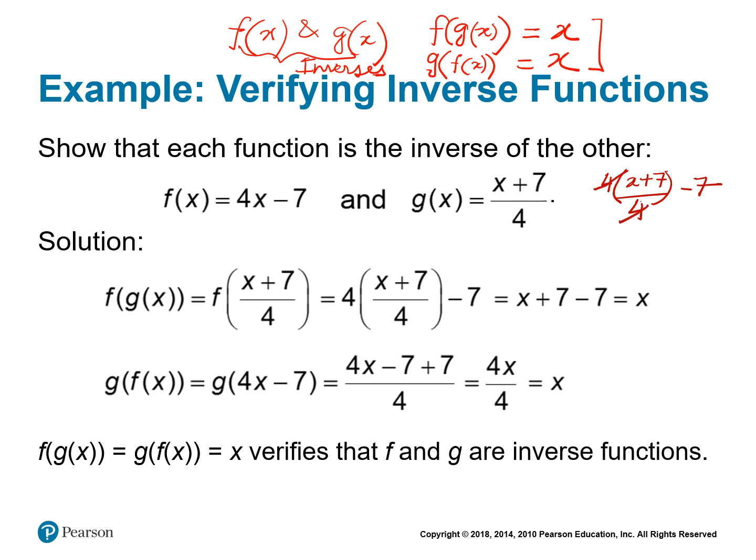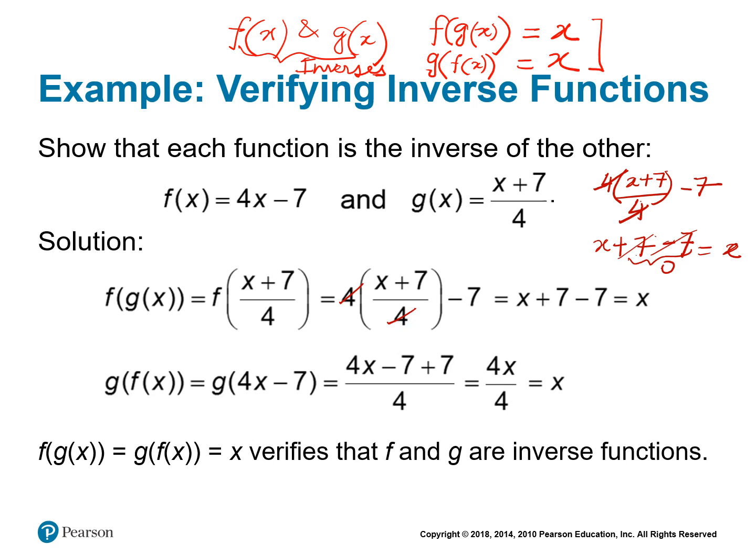What are we left with? x plus 7, x plus 7 minus 7. And plus 7 minus 7 is 0. These two, plus 7 minus 7, amount to 0. So we are left with x. This is how they got x, by dividing by 4.